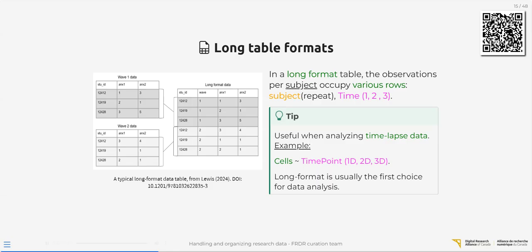This structure is especially useful when working with time-lapse data or repeated measures, where you want to group observations efficiently. For example, you might model cell counts as a function of the time point, 1 day, 2 days, or 3 days after an intervention.